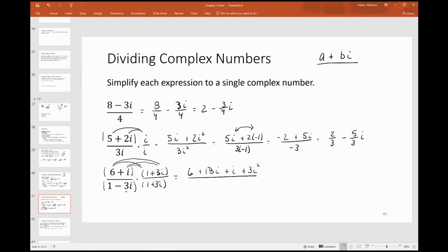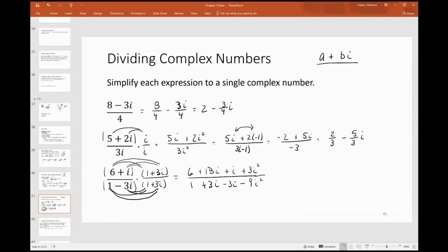Okay, and down in the denominator, 1 times 1, of course, is 1. 1 times positive 3i is plus 3i. Then I have negative 3i times 1, so that's a minus 3i. And then negative 3i times positive 3i is going to be negative 9i squared.